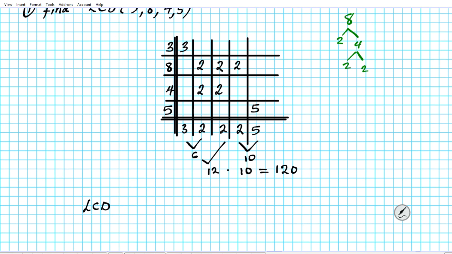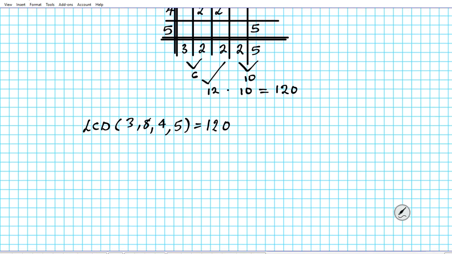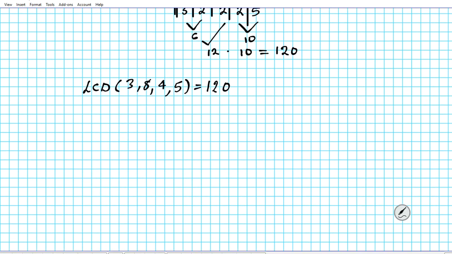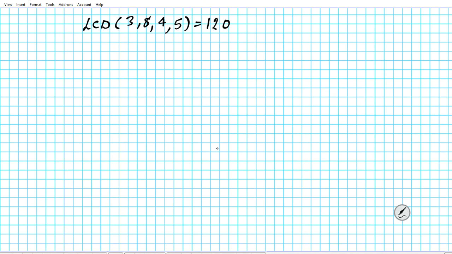Okay, so the LCD of, what are the numbers again? 3, 8, 4, and 5 is equal to 120. All right, we've accomplished the first task. Now, task number 2 is to express every single fraction as an equivalent fraction with the denominator equal to the LCD, which is 120.